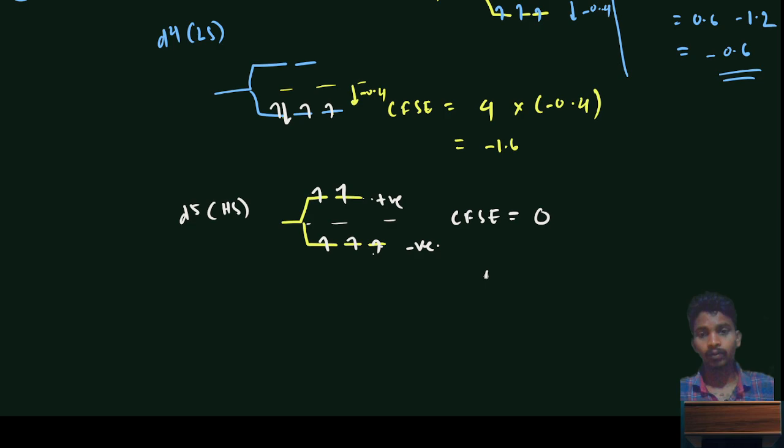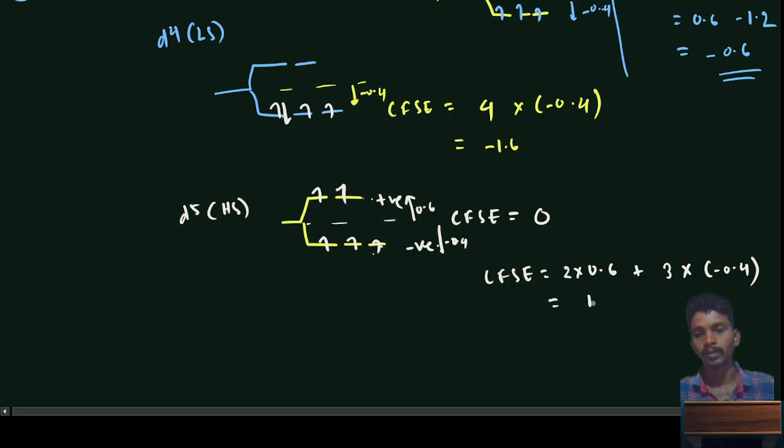If you calculate, CFSE equals 2 into 0.6 plus 3 into minus 0.4, that is 1.2 minus 1.2. So the value will be 0.